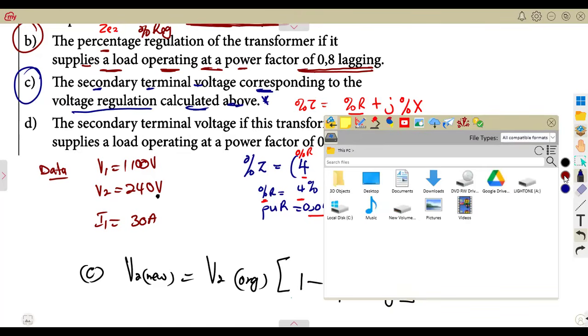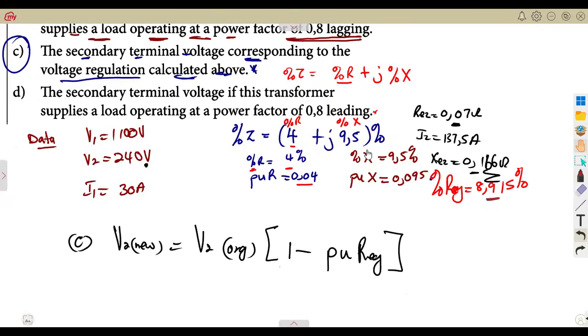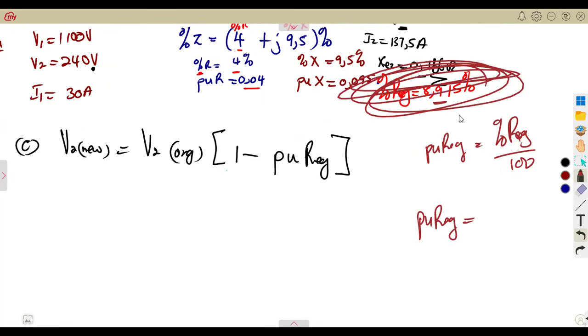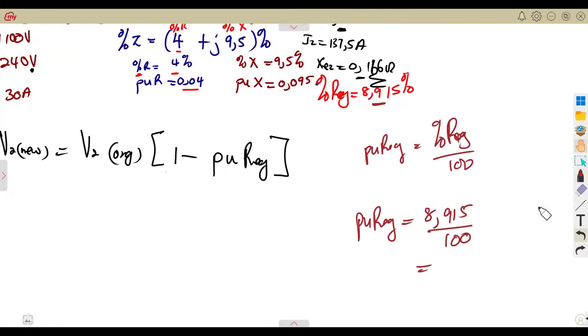So how do I obtain the decimal part? I must divide percentage regulation by 100. Remember, guys, per unit regulation is simply percentage regulation over 100. So our percentage regulation, already given as 8,915, divided by 100 gives a per unit regulation of 0,08915.